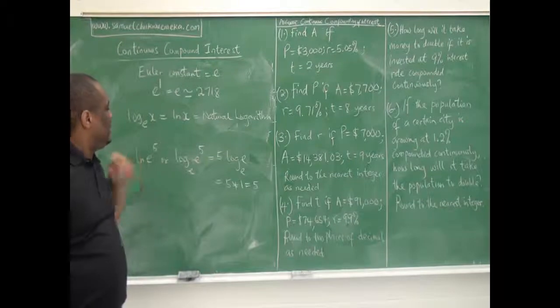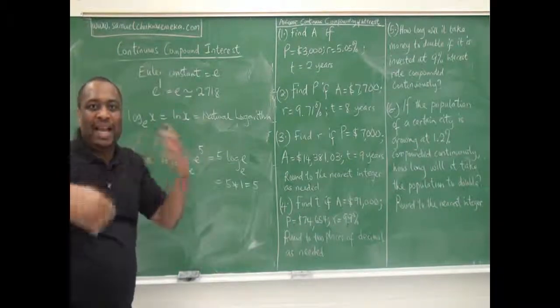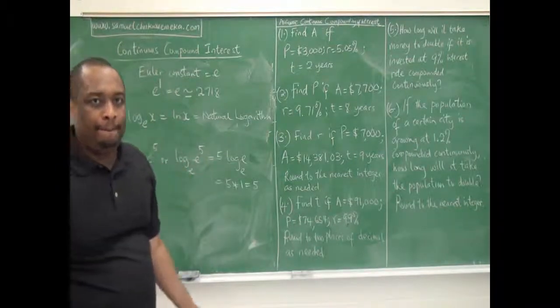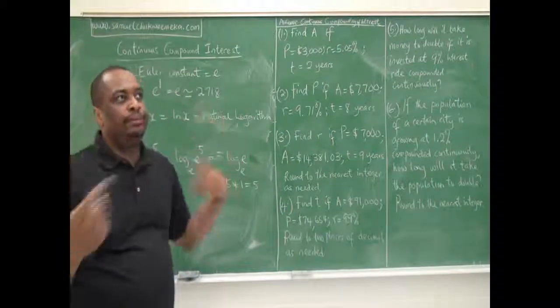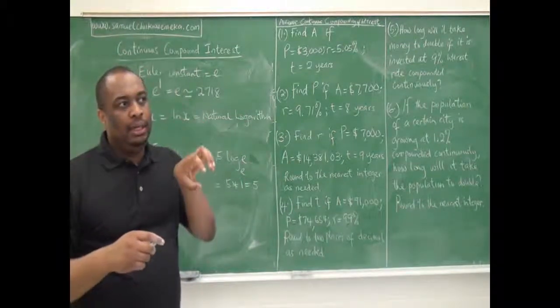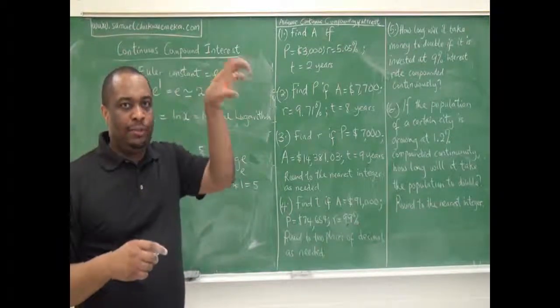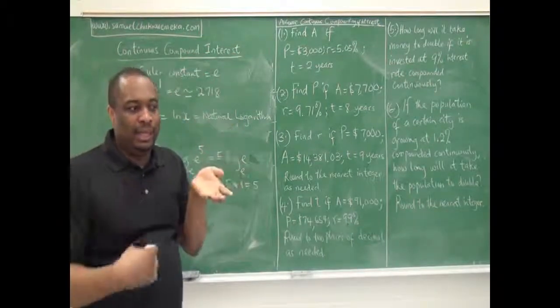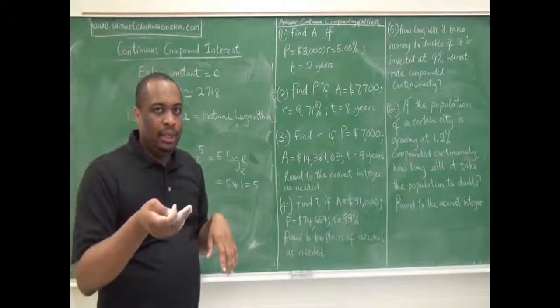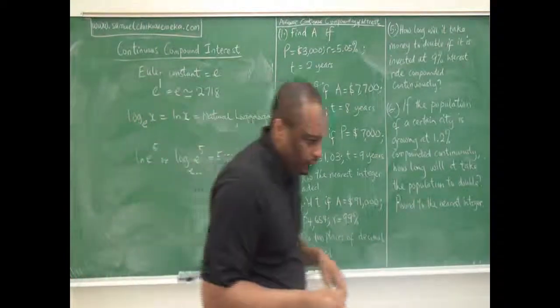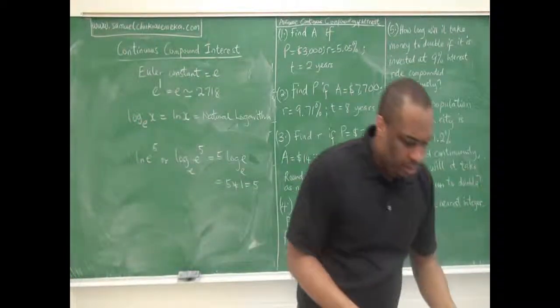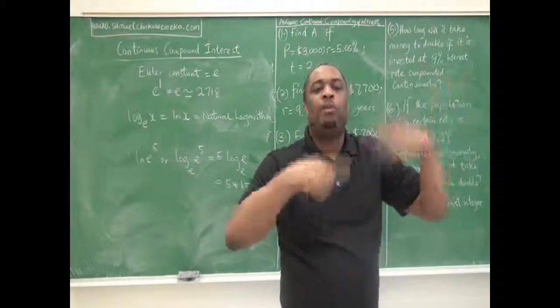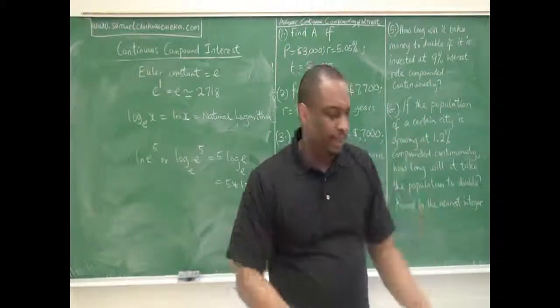So the ln is just like an inverse of it, or you can say it either way. That's why you see e raised to power x on top and then ln below. Sometimes you might see ln on top and then e raised to power x below. Whichever one, they are just inverses of each other.